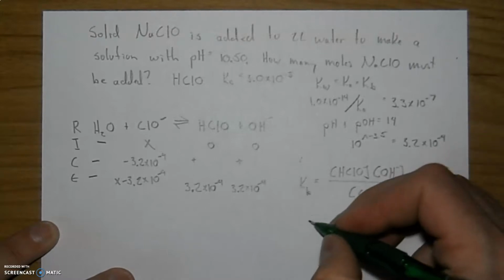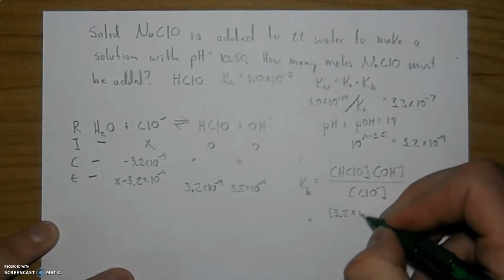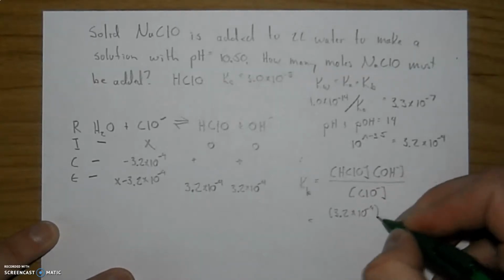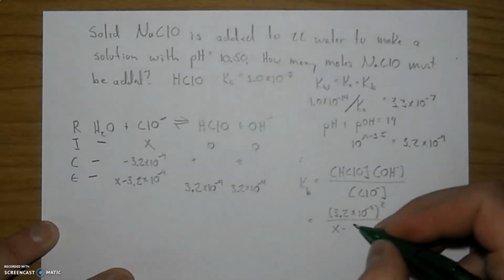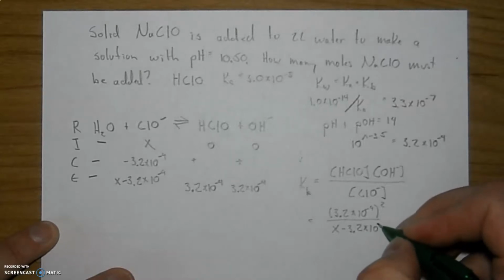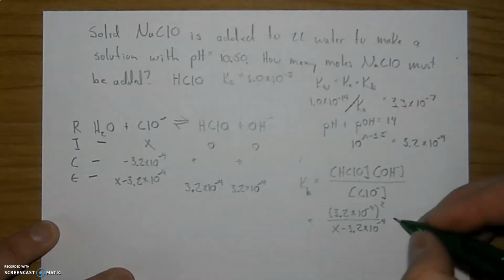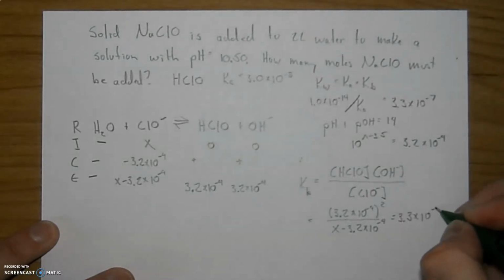If I put in the values, 3.2 times 10 to negative 4 squared over x minus 3.2 times 10 to negative 4, and it is equal to 3.3 times 10 to negative 7.